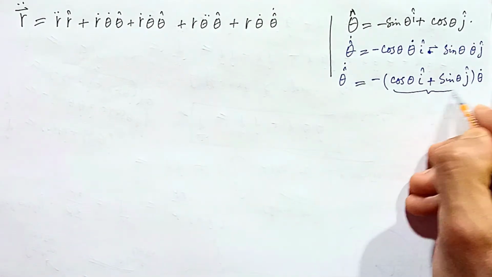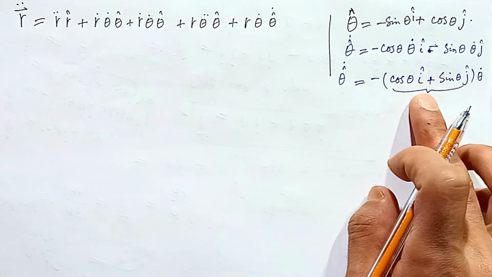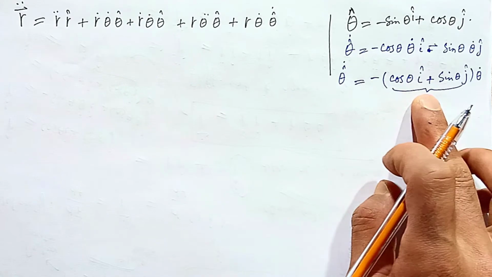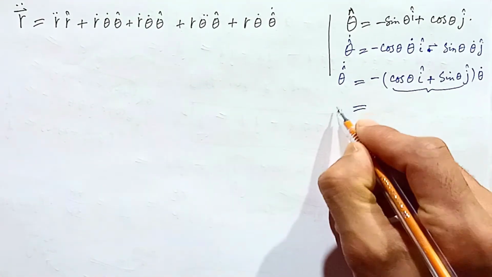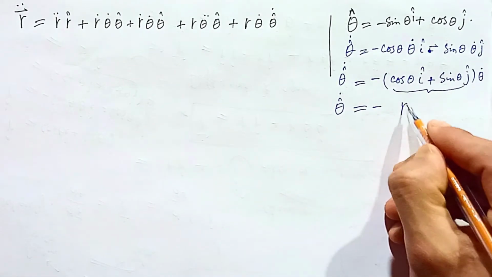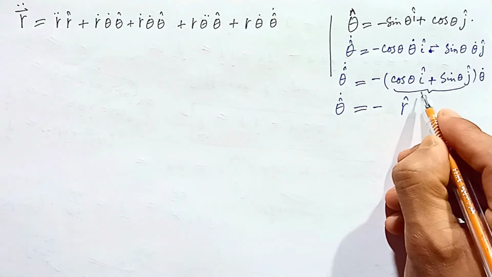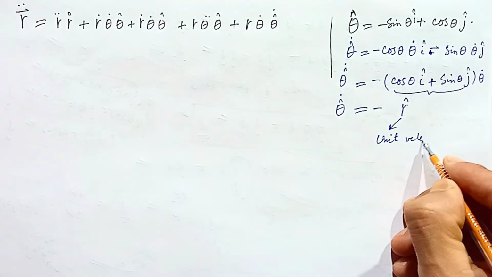Now cosine of theta plus sine of theta, I have already told you, is the unit vector along the radial axis. So that means theta hat dot is minus theta dot times r hat, the radial unit vector.